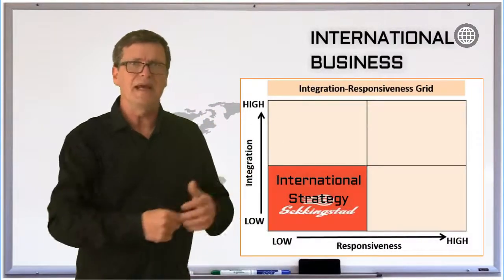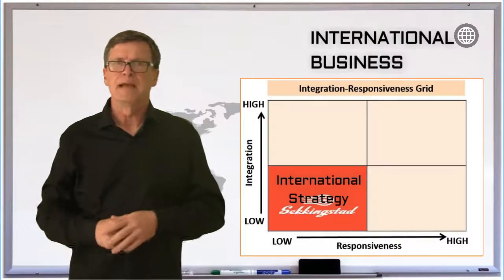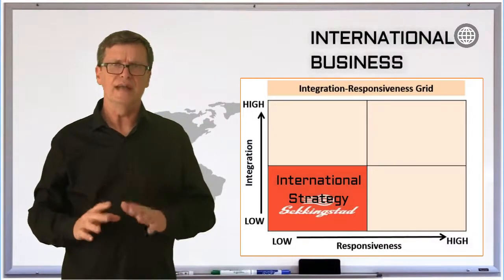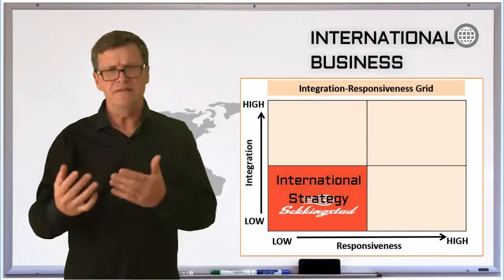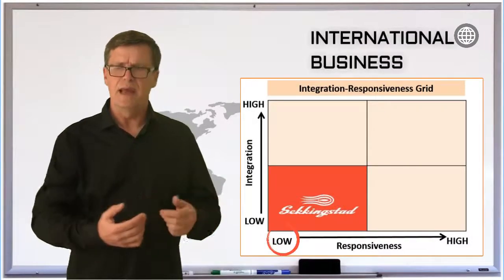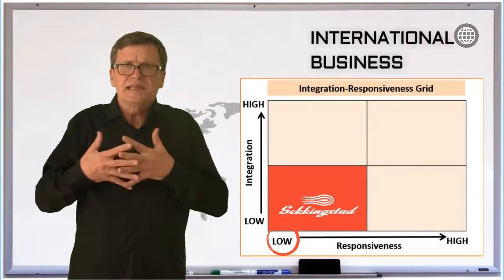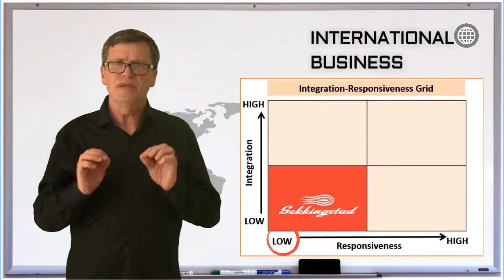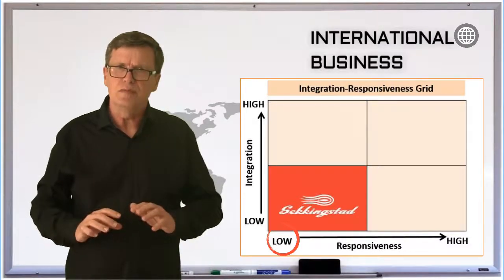Europe is their main export market. So Sekkingstad have a low-level need to adapt their product to individual target markets, and they can keep their business centralized in Norway. In other words, their need for responsiveness is low.